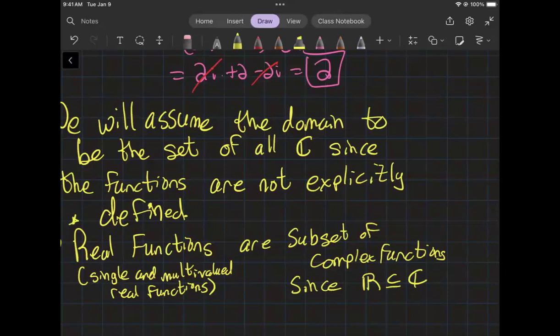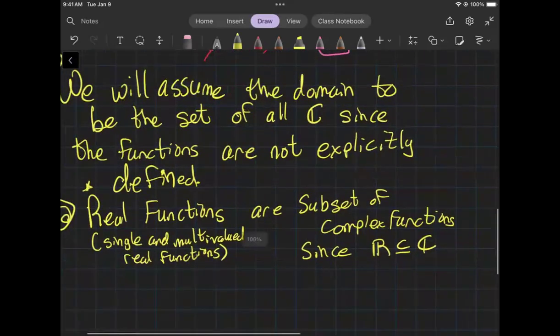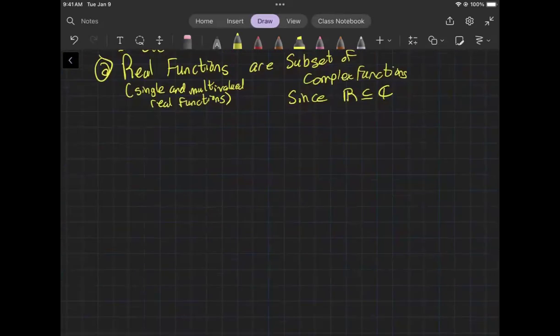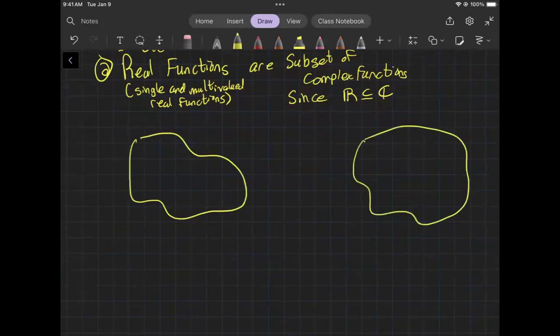So in order to figure out how to define a complex function exactly, the main idea is we have two subsets of complex numbers, I'll say S and then S prime for this example.